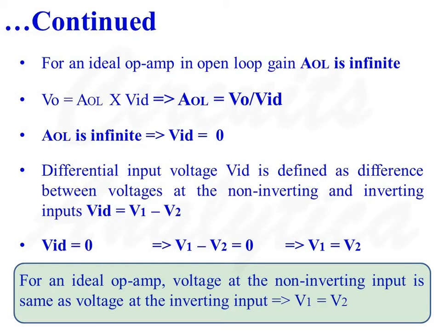VID is equal to V1 minus V2. So VID equal to 0 means V1 minus V2 is equal to 0. That means V1 is equal to V2. So for an ideal opamp, voltage at the non-inverting input is the same as the voltage at the inverting input. V1 is equal to V2.